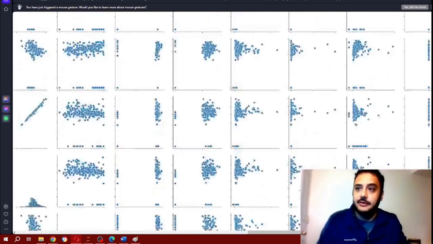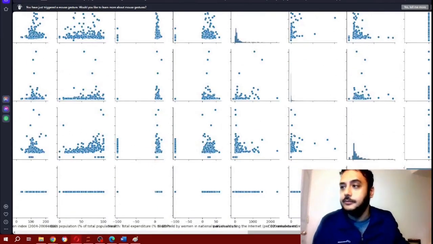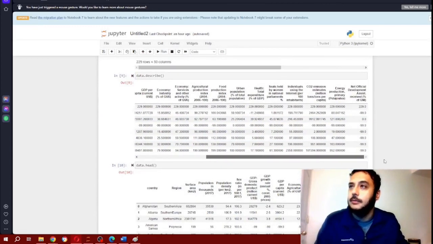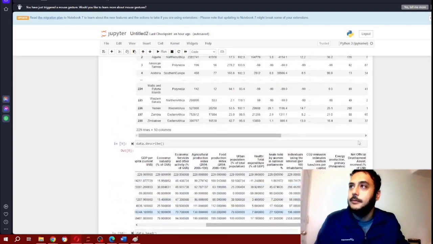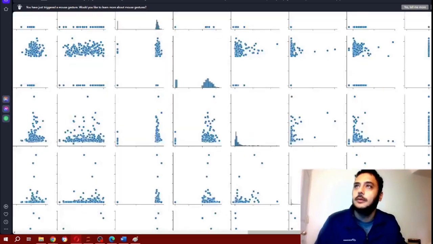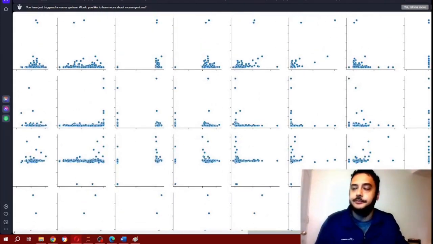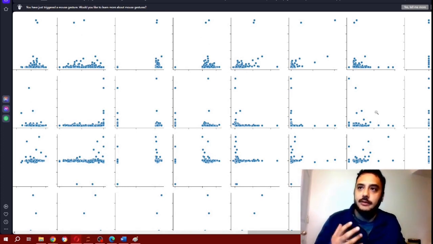The second independent variable is the population, in thousands per kilometer, and then my dependent variable will be the emission in millions.